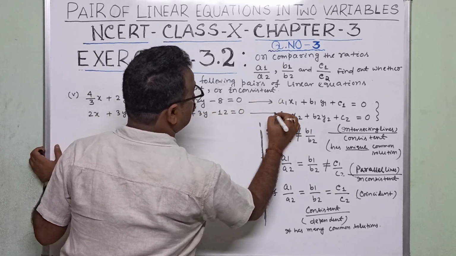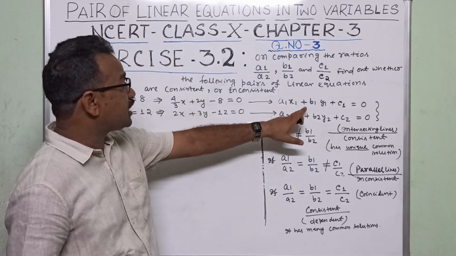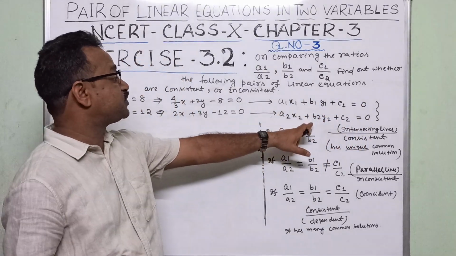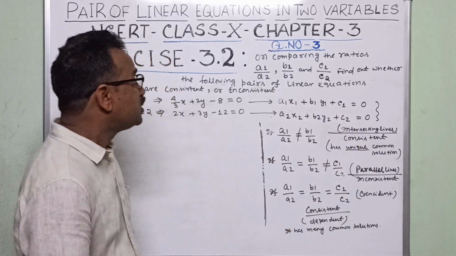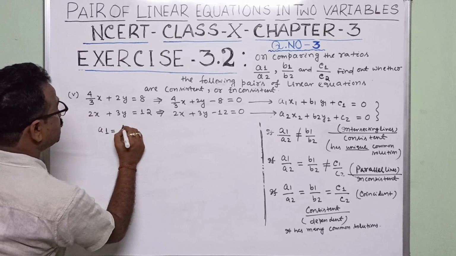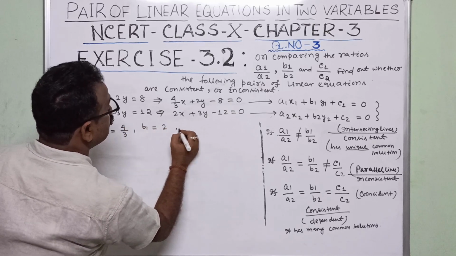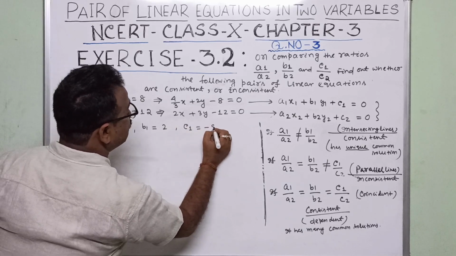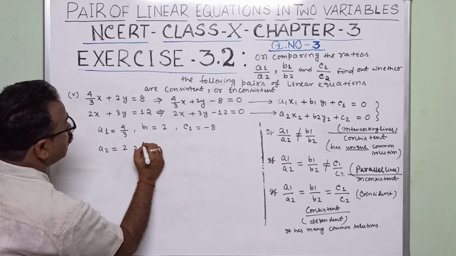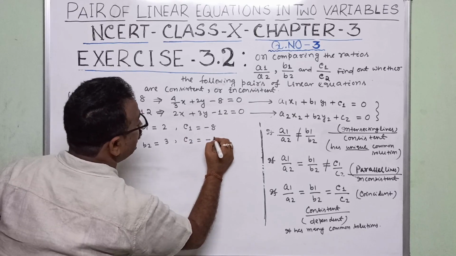Now equating to the equations in standard form, A1 x plus B1 y plus C1 is equal to 0, A2 x plus B2 y plus C2 is equal to 0. A1 is 4 by 3, B1 is 2, C1 is minus 8. A2 is 2, B2 is 3, and C2 is minus 12.